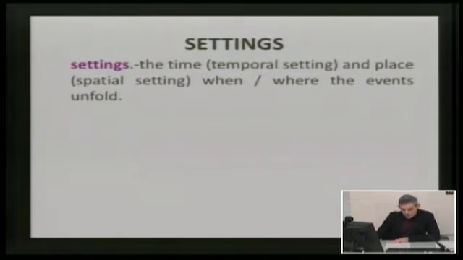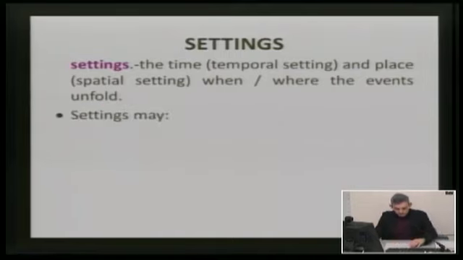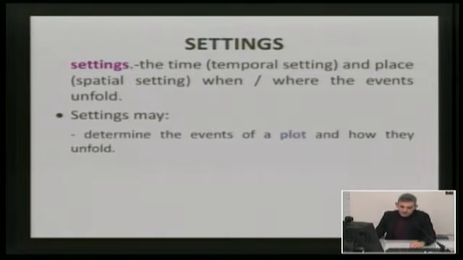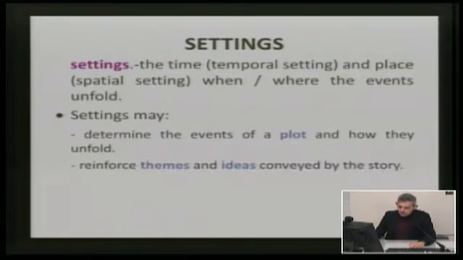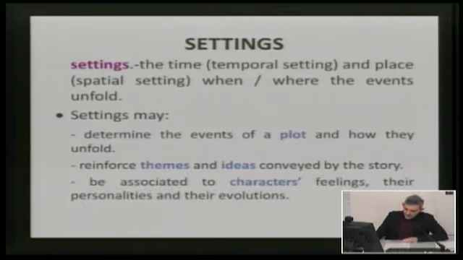It may be useful to examine settings in connection with other narrative elements. So settings may determine the events of a plot and how they unfold. They may reinforce themes and ideas conveyed by the story. They can be associated to characters' feelings, their personalities, and their evolutions.